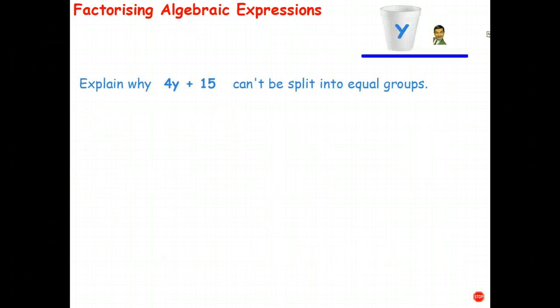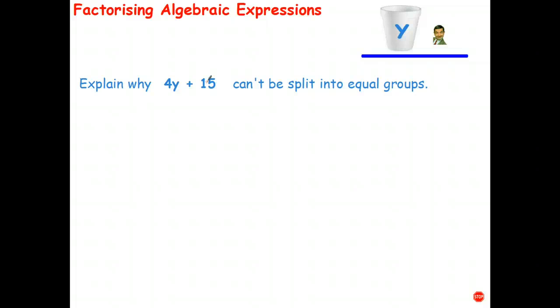Okay, and this is the last slide. Explain why 4y plus 15 can't be split into equal groups. Now, if you're looking at those 2 terms, there's no number that's a factor of both 4y and 15 except for 1. And if we have all these cups and beans in one group, that's not really called splitting them into equal groups.